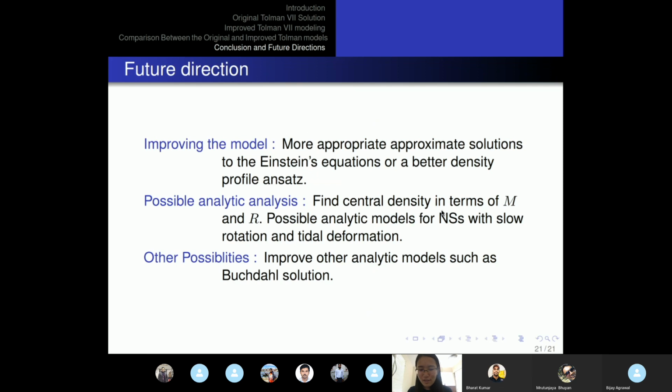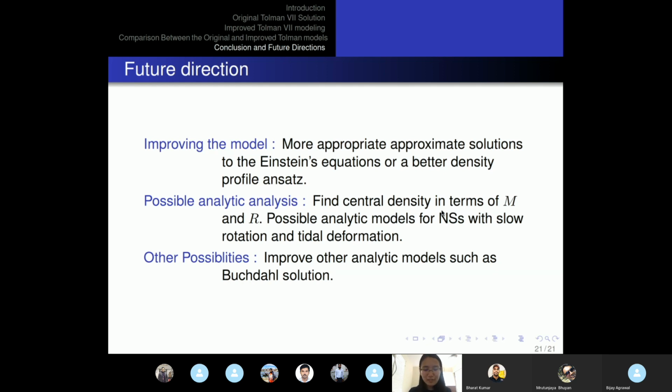And also one can just infer the central density in terms of mass and radius using our expressions. And also this result is the first step for the construction of neutron star interior solutions with slow rotation and tidal deformation.